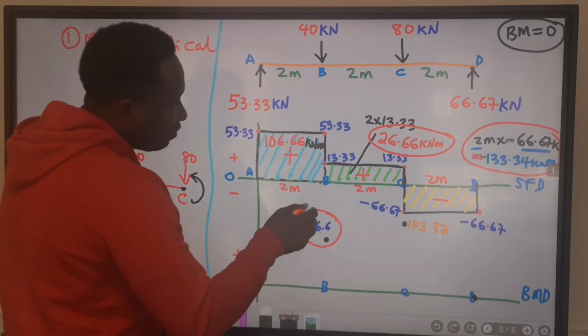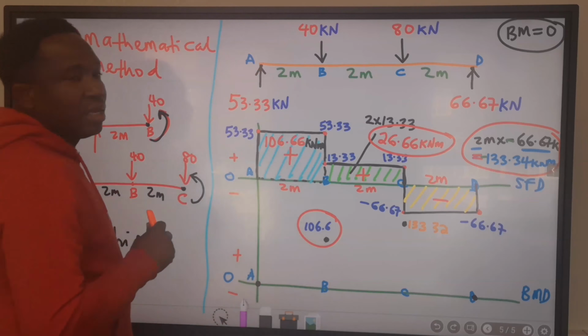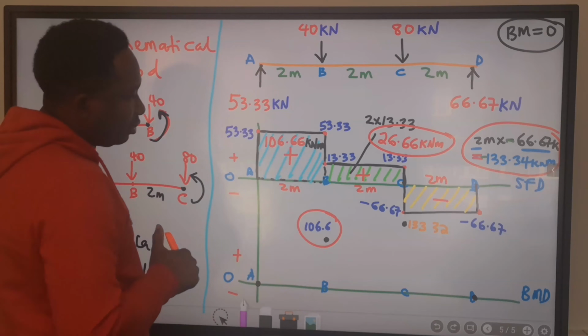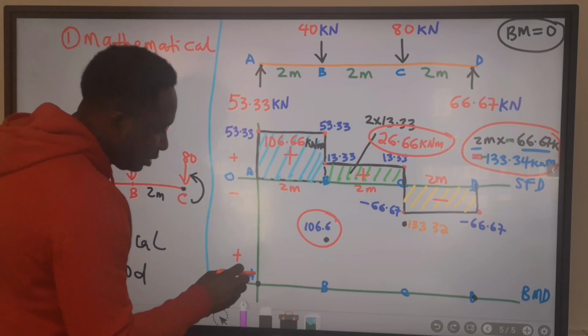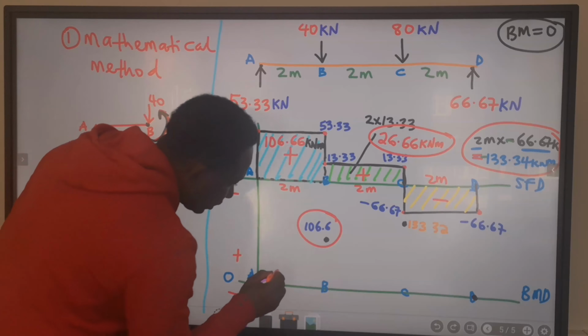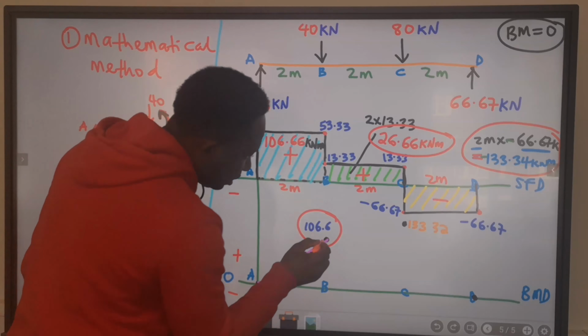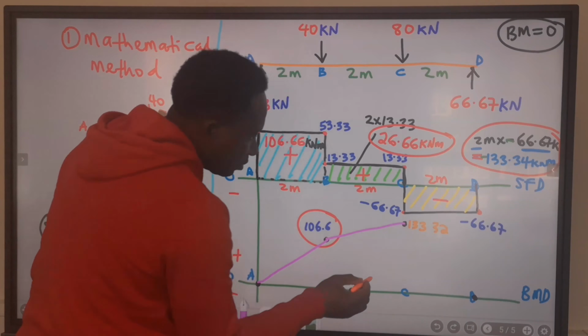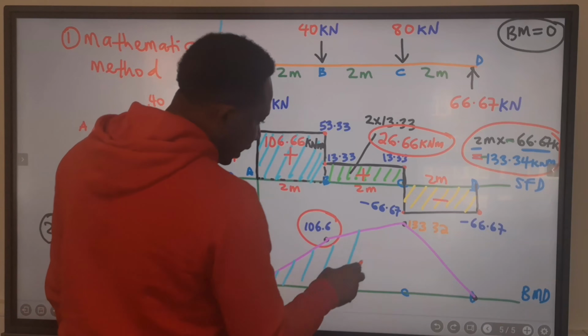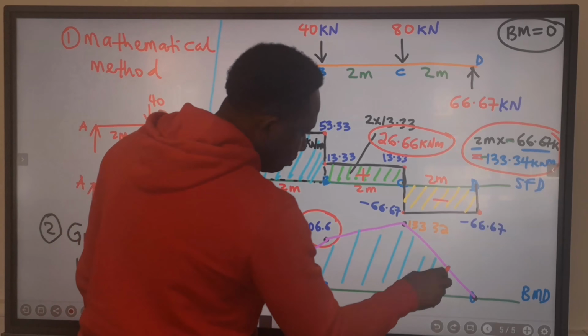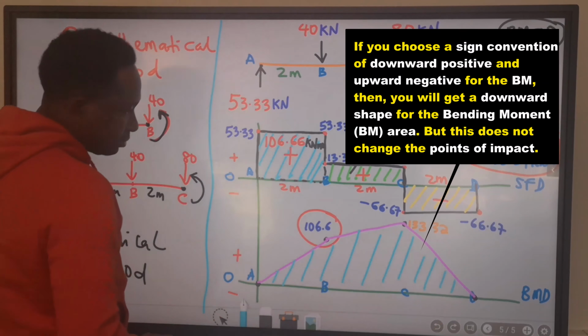We have a curve if there is uniformly distributed load. Here, there is no parabolic shape. With a straight line, I will join this, I will join this, then I will join this down. This becomes my bending moment diagram.